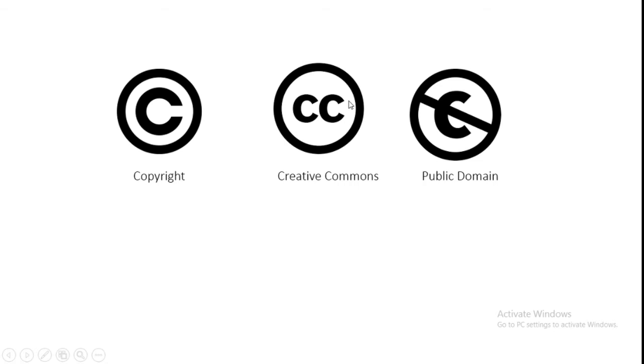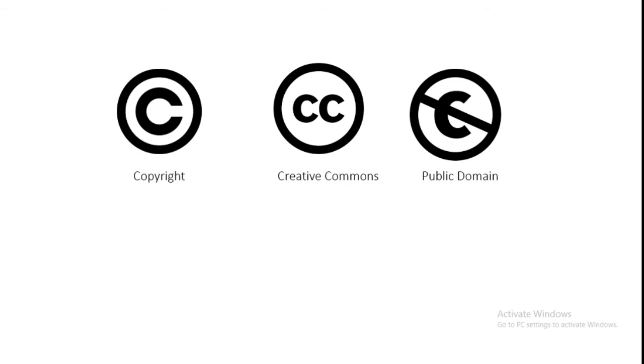I think now it is clear to everyone the difference between copyright, Creative Commons and public domain. I just repeat in brief. In copyright, we seek permission from the author, because it is the exclusive right of the author. In public domain, we need not take even the permission of the author, and we can freely use the content without attributing the author.